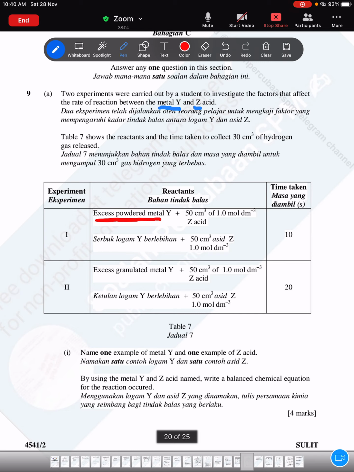Guys, can you tell me why you use this thing in excess? Any idea? Okay, very good. You have the idea, but girl, can you make it shorter?